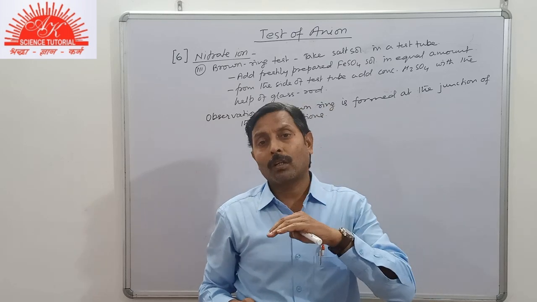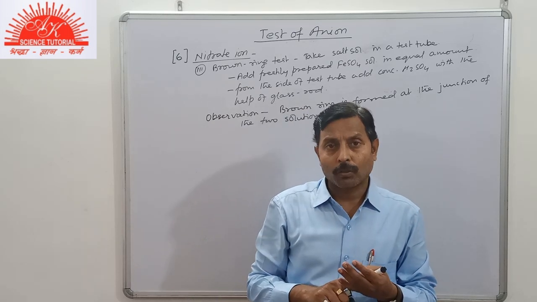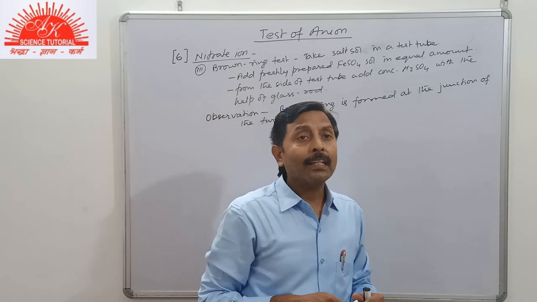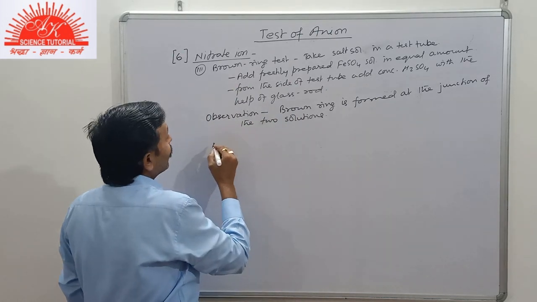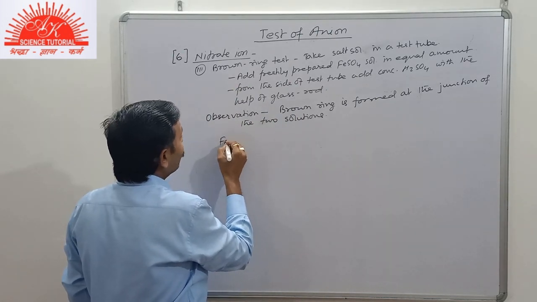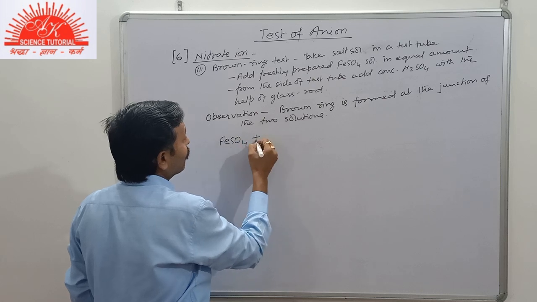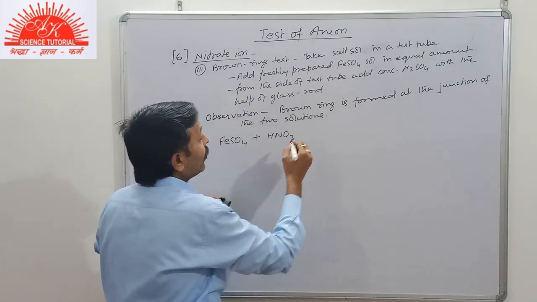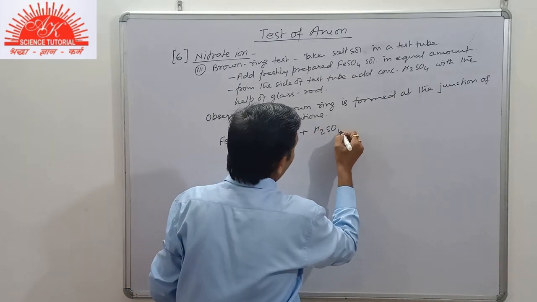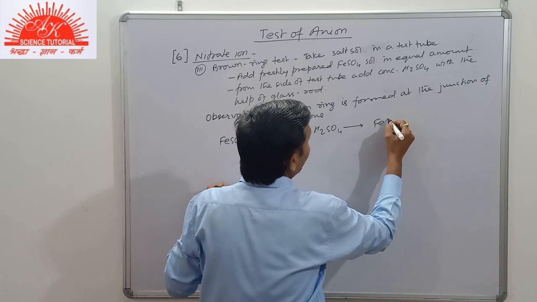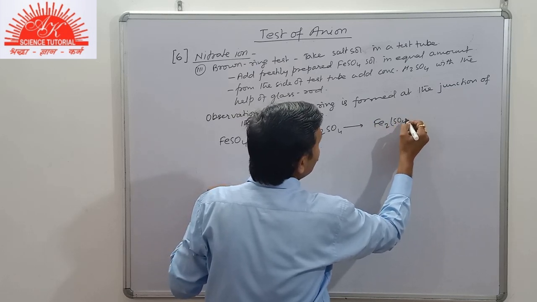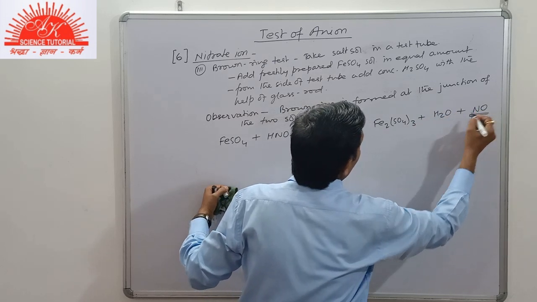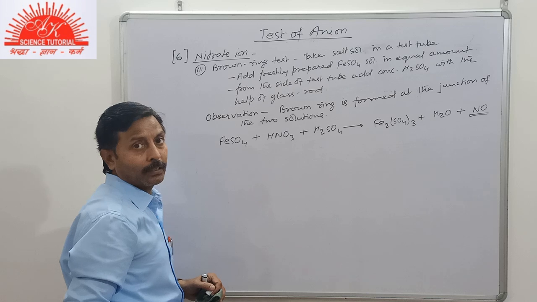Suppose we take a nitrate salt; by reacting with conc H2SO4, first of all it gives nitric acid and then it will give the test. Like, suppose we have FeSO4, ferrous sulfate, plus HNO3 plus H2SO4 gives ferric sulfate, where ferrous sulfate is oxidized, plus H2O plus NO gas, nitric oxide.